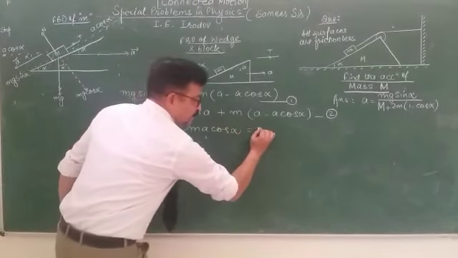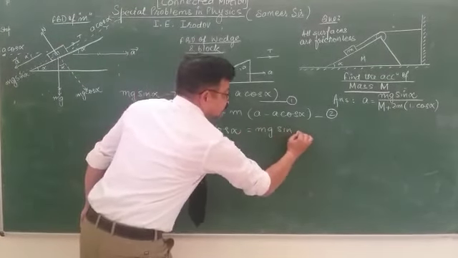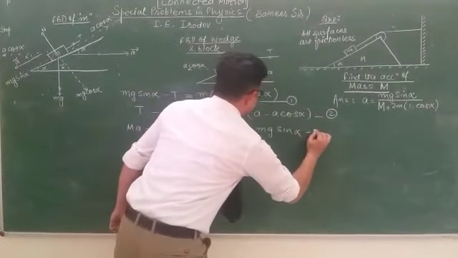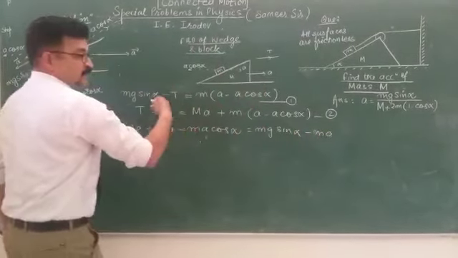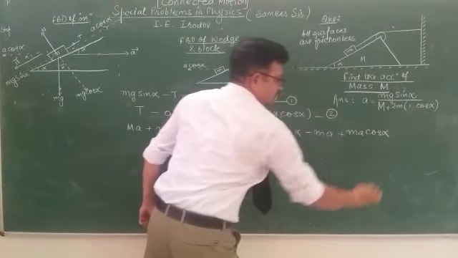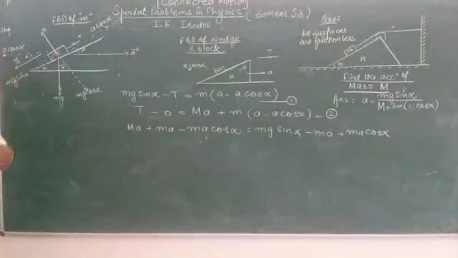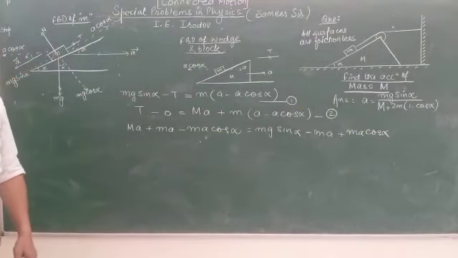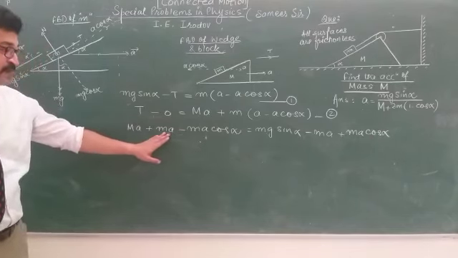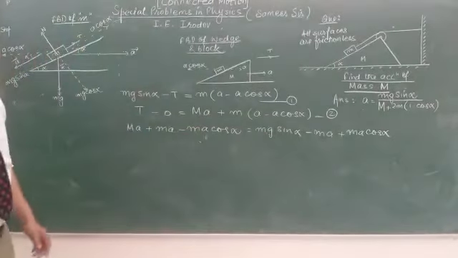It is mg sin alpha minus m A plus m A cos alpha. Our question is to find out, of course, the acceleration. So let's find the value of acceleration.